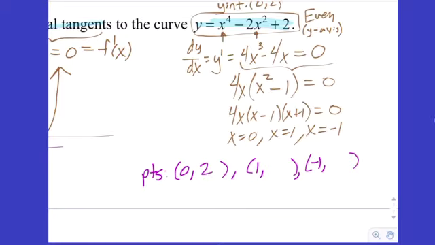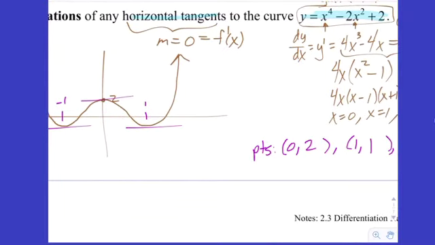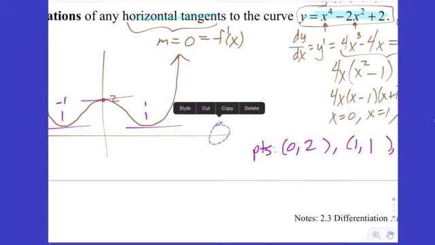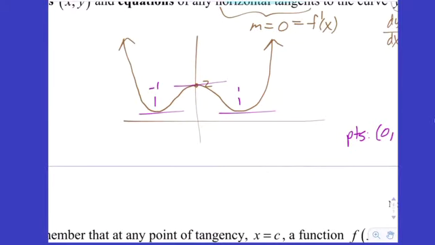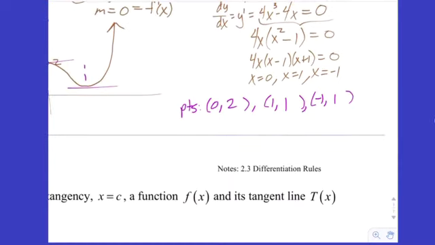When I plug in a 1, what do we get? I get 1. When I plug in a -1, because it's an even function, I also get 1. So let me go ahead and lower my x-axis right there. And now that's kind of what the graph looks like. It doesn't have any real solutions. So those are the points where we have horizontal tangents.